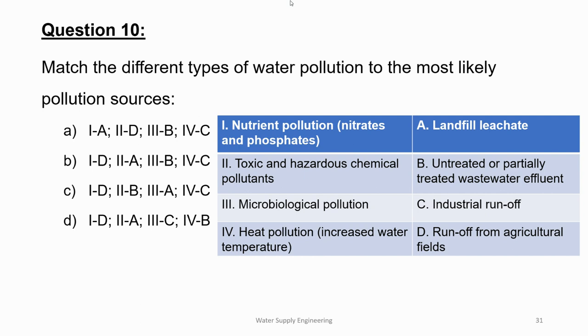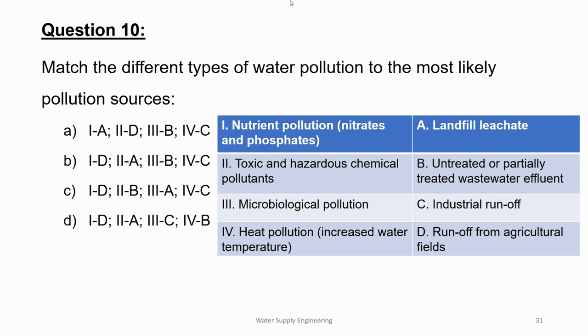So in the first column we have the Roman numerals 1 to 4, that is nutrient pollution, nitrates and phosphates. Second we have toxic and hazardous chemical pollutants. Third we have microbiological pollution. Fourth we have heat pollution, increased water temperature.